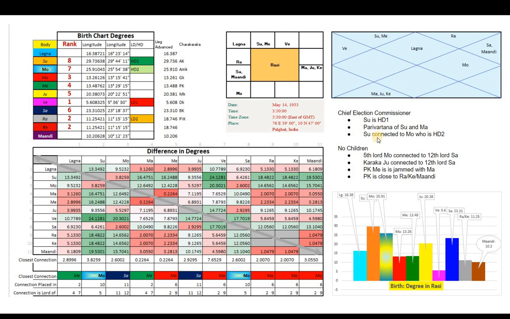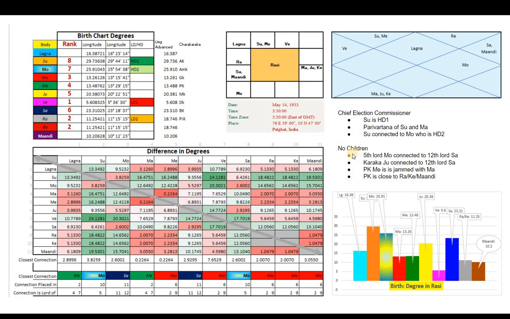And Surya, as I already said, is connected to Moon, and Moon is ST2. So in this table you can definitely see how Surya and Moon are fairly close, and quite high in graph.